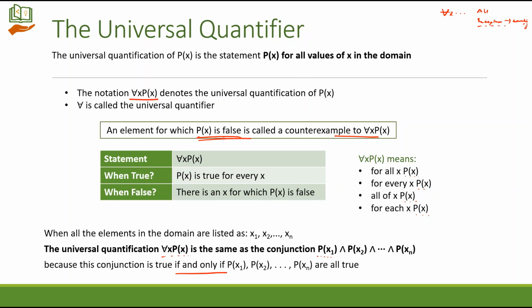In conjunction, what is the condition? If there are two variables p and q, both the variables should have true value. Only then the result P conjunction Q will be true. For the rest of the three cases, true false, false true, false false, we will have only false. Universal quantification is extending this conjunction to n number of variables.